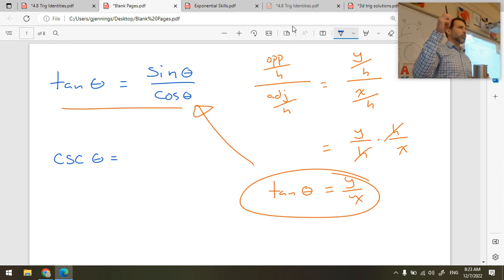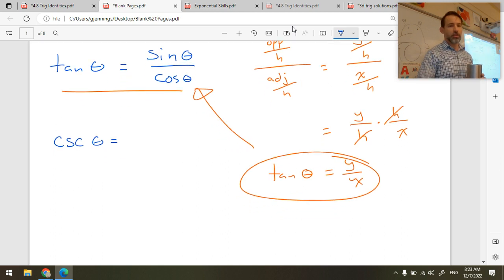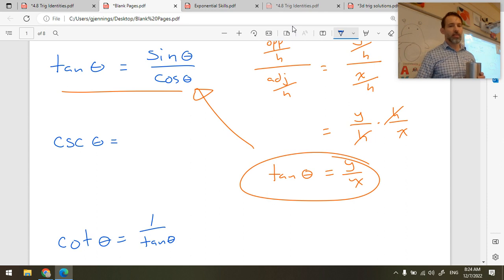So cotangent goes with which one? So we have 3 secondary trigonometric ratios, the reciprocal ones, and cotangent goes with tangent. And that one's pretty easy to remember. So if I have cotangent theta, well, that's just 1 over tan theta. Or just take tan theta and flip it.